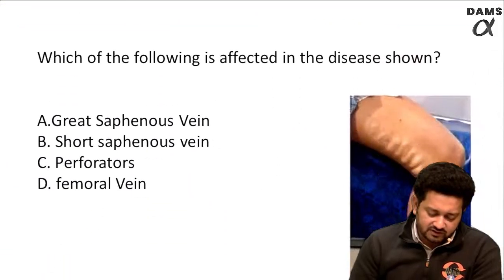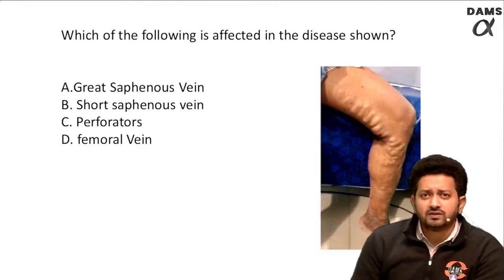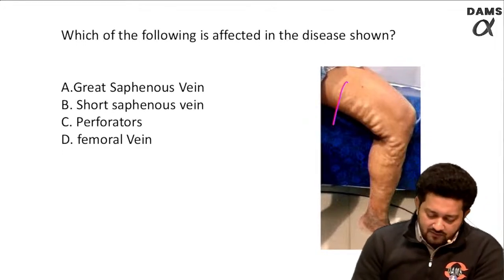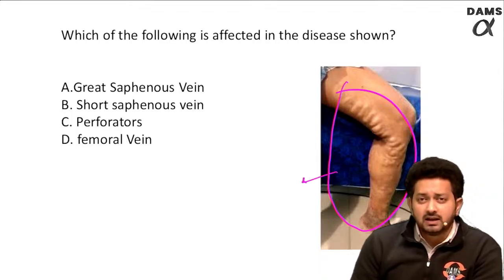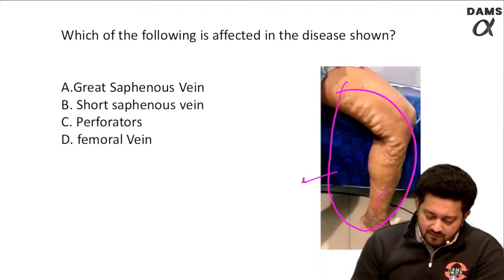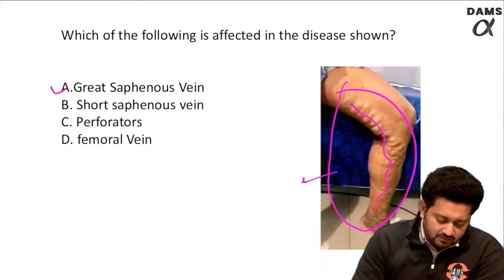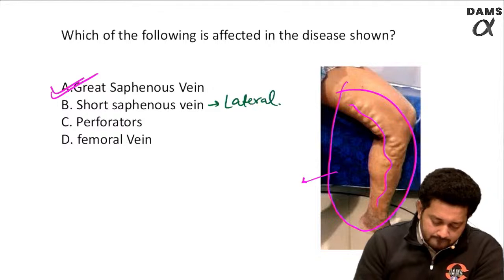Next question. Which of the following is affected in the disease shown? There was an image shown of varicose veins, and the varicosities were seen in the medial aspect of the leg, going up to the thigh. So this is the area where the great saphenous vein goes, the territory of the great saphenous vein. Short saphenous vein will be seen laterally.